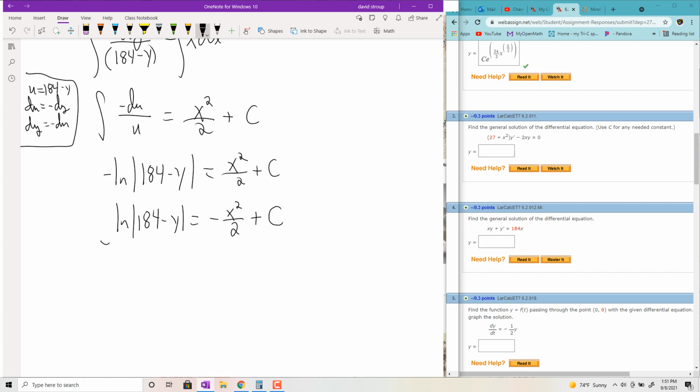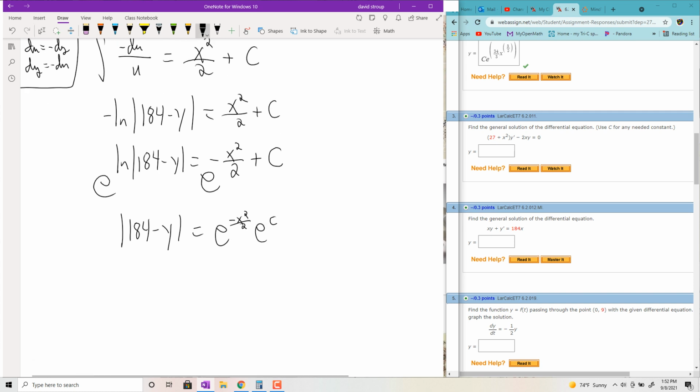Okay, now I can go ahead and exponentiate, and I can have 184 minus y equals e to the negative x squared over 2 times e to the c, right? Then you could drop your absolute value signs and replace it with a plus or minus on the right.